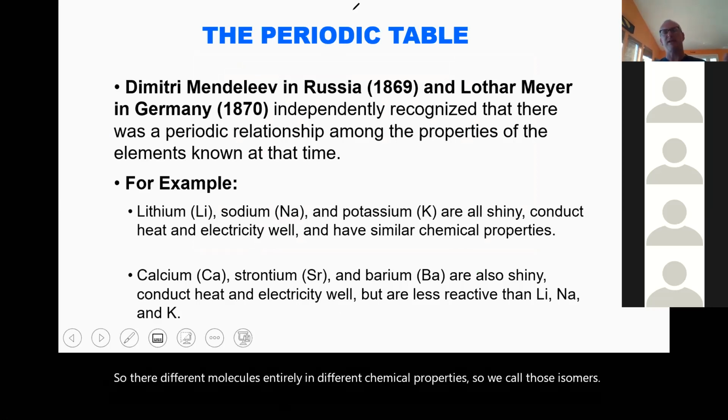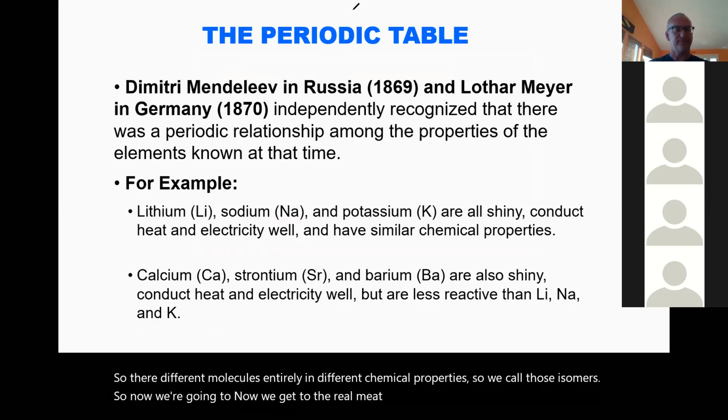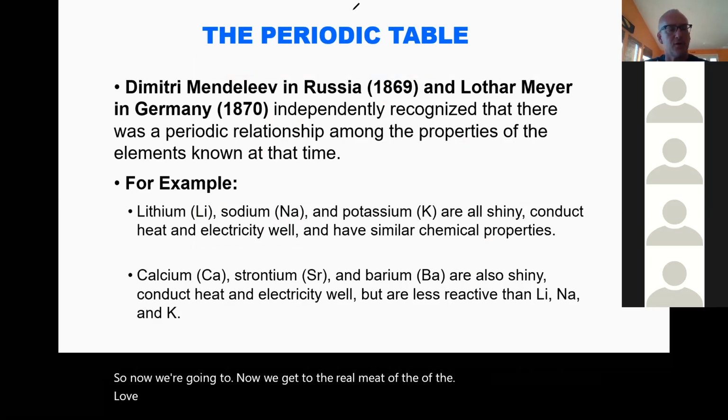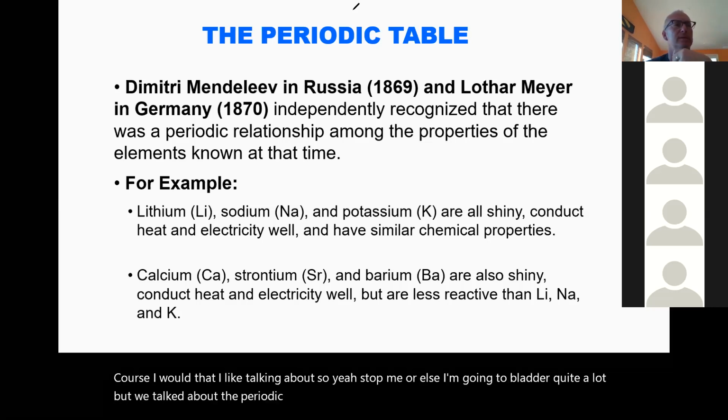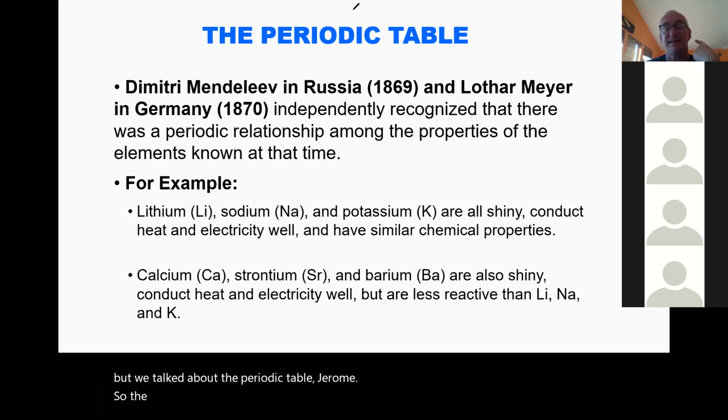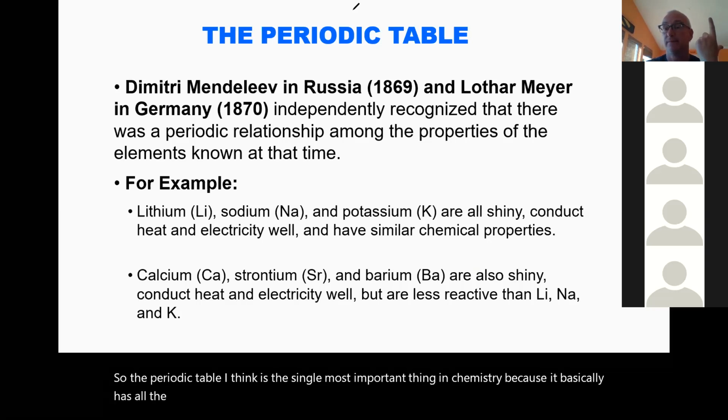So now we're going to start. Now we get to the real meat of the course that I really like talking about. So yeah, stop me, or else I'm going to blather quite a lot. But we talked about the periodic table. I think the periodic table is the single most important thing in chemistry because it basically has all the information you need to answer pretty much any question.